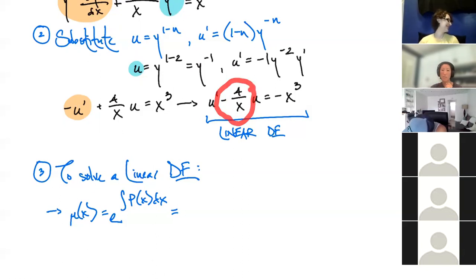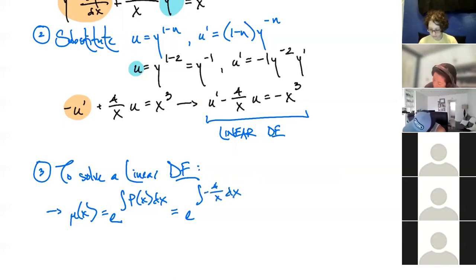That's going to change our multiplying factor. So we want to make sure we grab the right p of x so that we get the correct mu of x. So e to our integral of -4 over x dx. This integral, I'll get e to the -4 natural log of x.